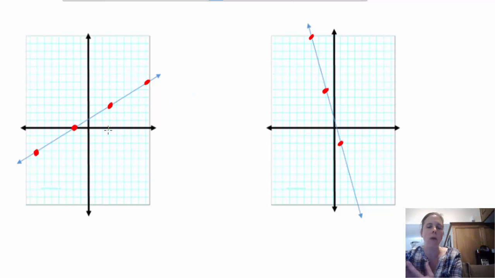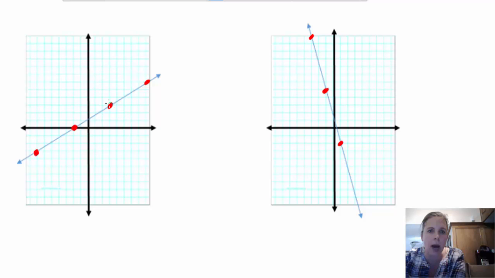So what we're trying to come up with is the steepness. We know right away when we look at this graph, it's going to be positive, because it's going up and to the right. Let's say we're going to pick this point. You do not have to pick this point. You can pick any point that crosses integers that you want. So if we go from this point to this point, you have to do it by making kind of a triangle.